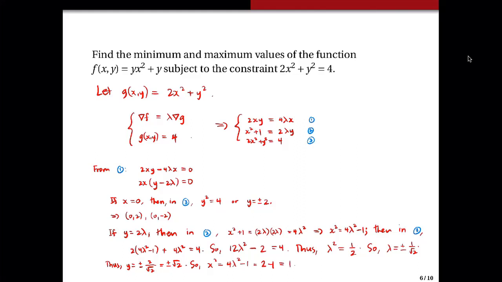So what does this mean? If your y equals square root of 2, your x will be either plus or minus 1. If your y is equal to negative square root of 2, your x is still plus or minus 1. So we have those choices. So x equals plus or minus 1.